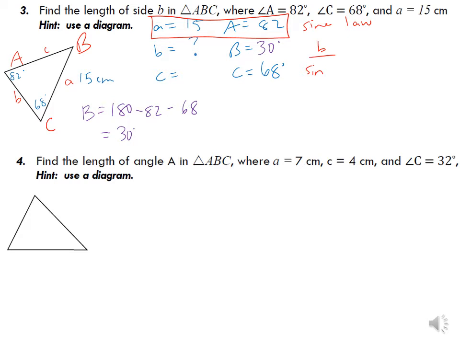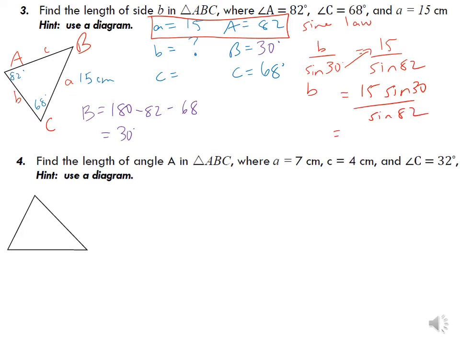B over sine 30 equals what you drew the box around, which in this case is 15 over sine 82. Get that sine 30 off the bottom by cross multiplying. So B equals 15 sine 30 over sine 82.